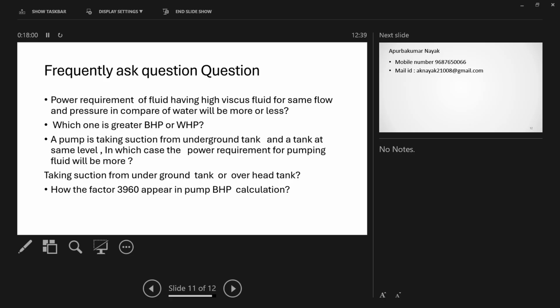So for underground, this value will be more than for the pump taking suction from the same level. So naturally, the power requirement will be more. And how the 3960 factor has come, I have already explained.